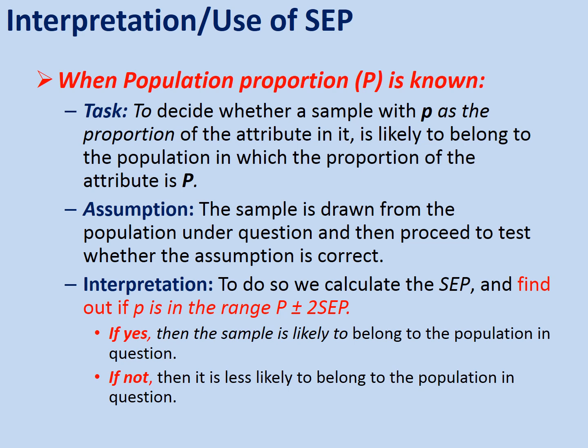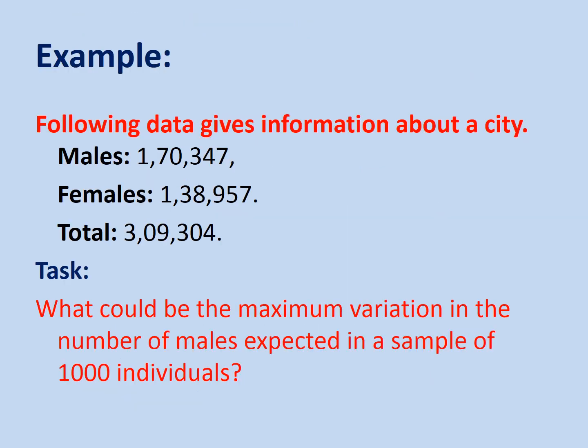Now let's understand with the help of a numerical example. Let's understand the use of the standard error of proportion with the help of an example. The example is about a city having number of males equal to 1,70,347 and females equal to 1,38,957, and the total population including males and females is equal to 3,09,304.